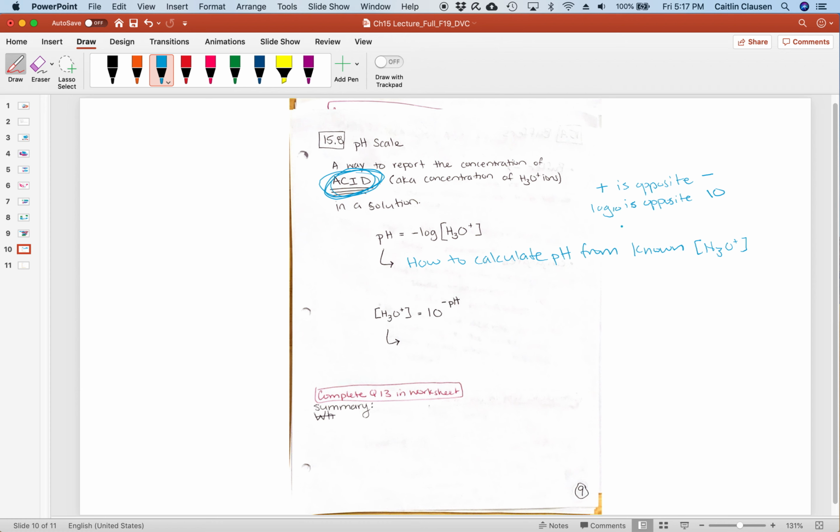So log base 10, which we just write as log, is the opposite of 10 raised to some power. This hydronium tells us the power we raise it to, and so here we've rearranged it to tell us how to calculate hydronium concentration from a given pH.